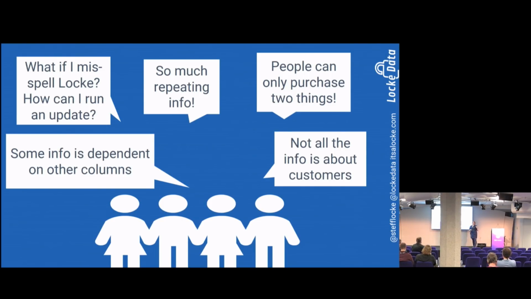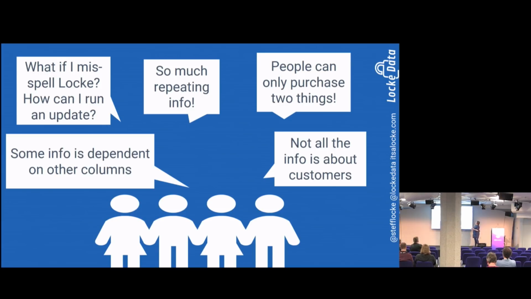I might end up fixing all the Locks, which would be a problem. There's a lot of repeating info. There's limits on how much people can purchase. There's things that are dependent on other columns. And the table says customers, but so much of that info isn't about customers. It is pretty weird to have all of that together.